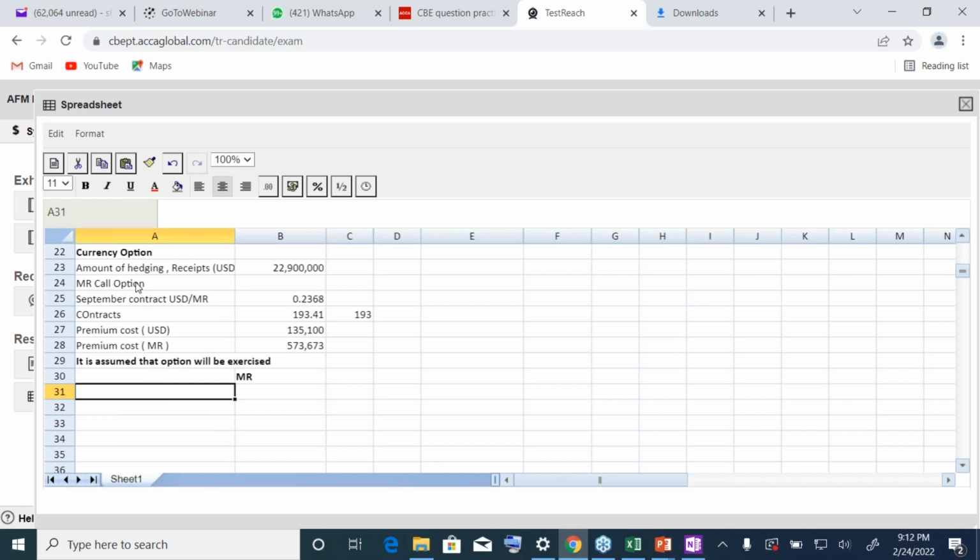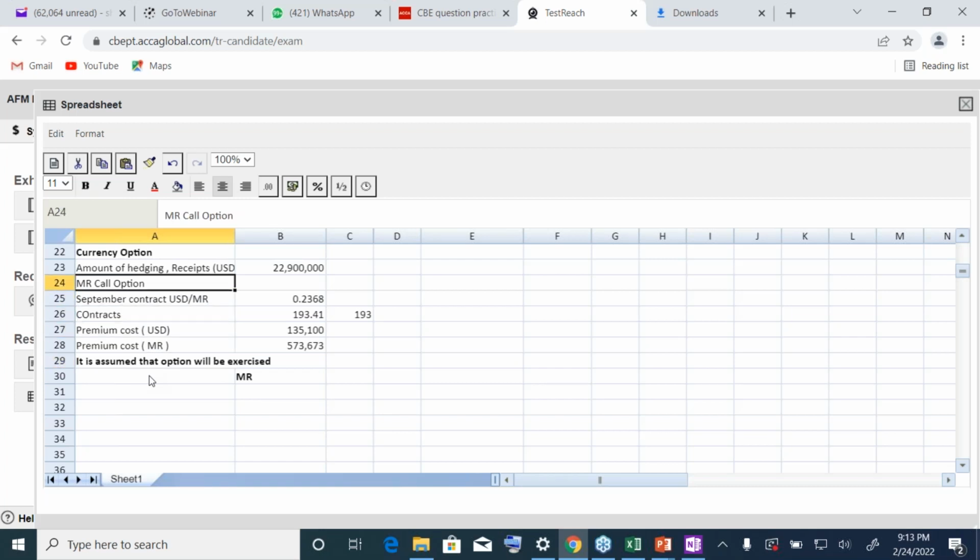Okay, guys, please listen carefully. Whenever you write this statement, that option will be exercised, go to step number 2 and identify what contract you have entered. So let's move to step number 2.